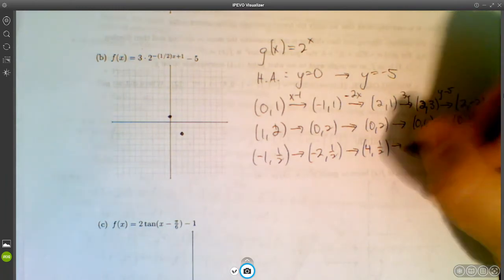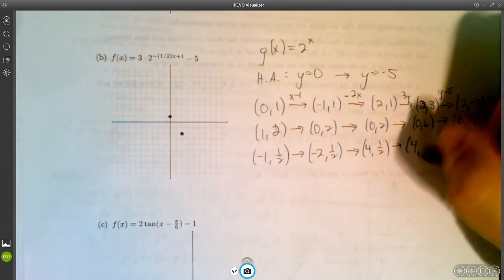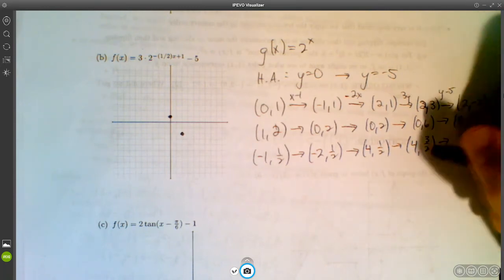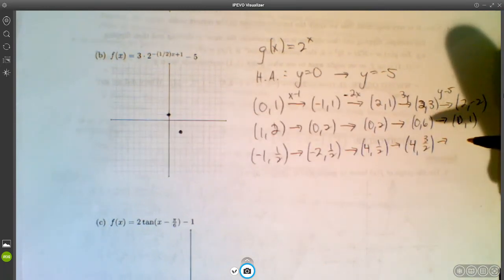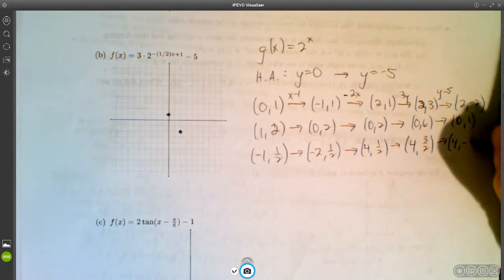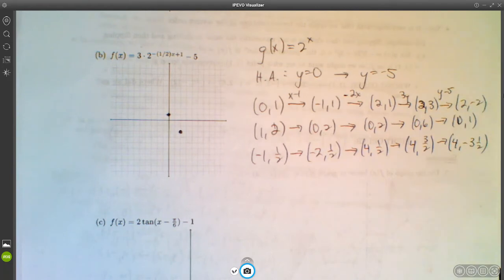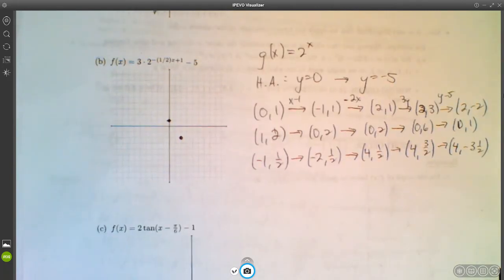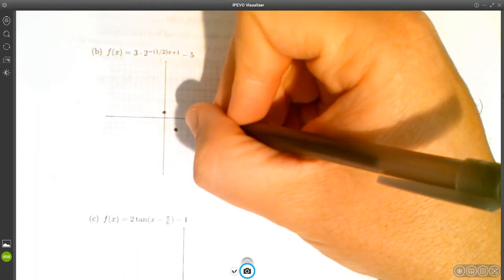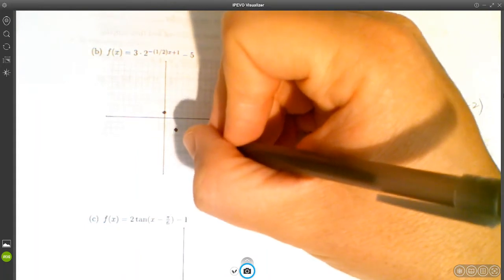For the y coordinate, I'm going to multiply by 3, and then subtract 5. 3/2 is 1 1/2. So 1 1/2 minus 5 is going to be negative 3 1/2, right? Okay, so I have 1, 2, 3, 4. 1, 2, 3 1/2 right there.